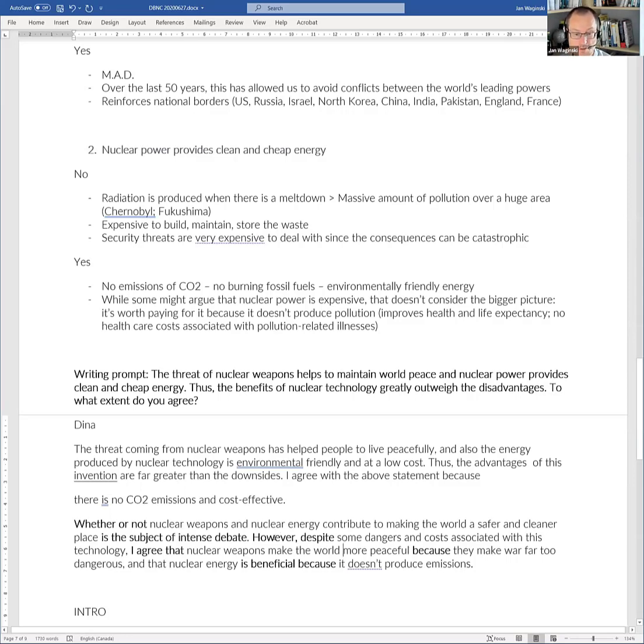We could put, in my opinion, despite some dangers and costs associated with this technology, nuclear weapons make the world more peaceful.